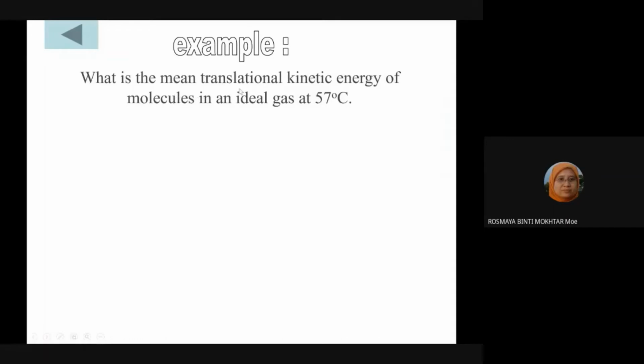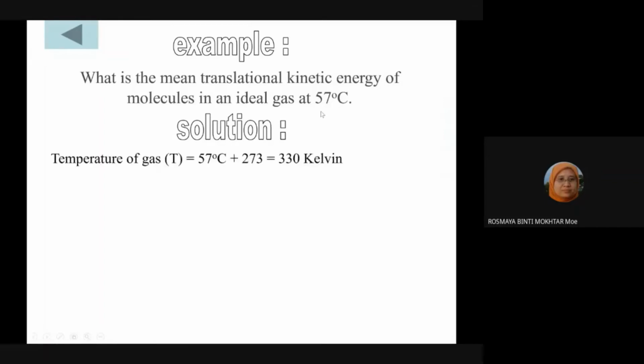What is the mean translational kinetic energy of molecules in an ideal gas at 57 degrees Celsius? The temperature is given as 57 degrees Celsius, and only the temperature is given. Remember to always convert the given temperature from degrees Celsius to Kelvin. So 57 degrees Celsius plus 273 gives 330 Kelvin.